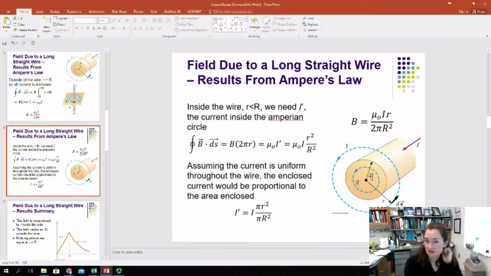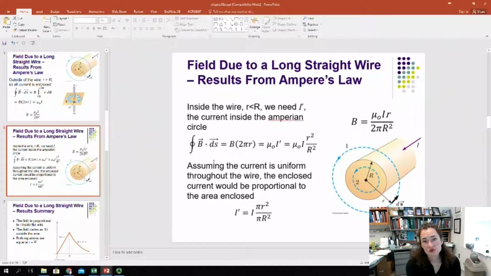Our cosine of the angle would still go to 1, and then we're just integrating ds, which is r d theta, from 0 to 2 pi. So the value of our integral is no different than in the previous case. We end up with B times 2 pi r for the value of our line integral. Pause the video and think about it if that doesn't make sense to you.